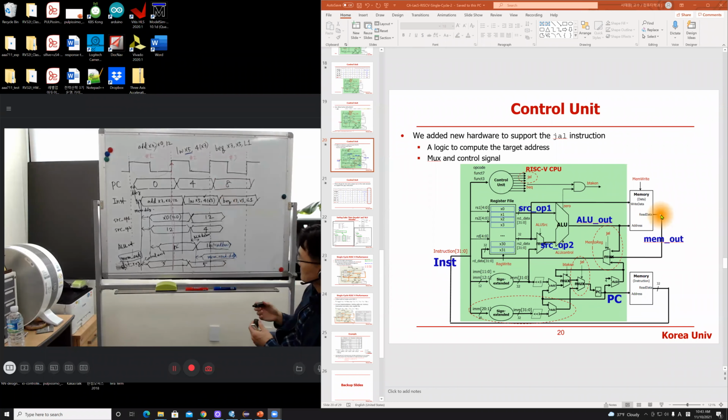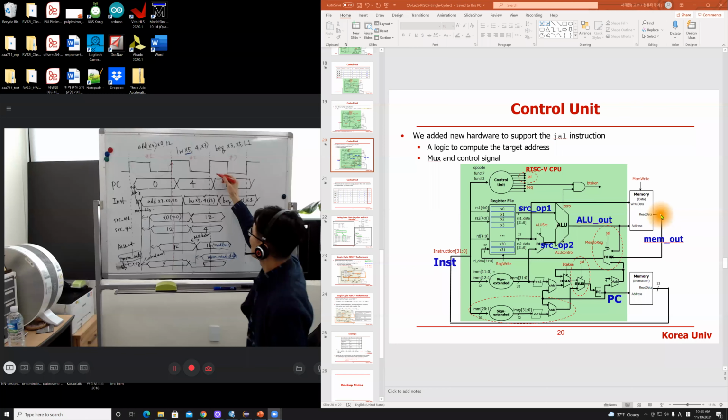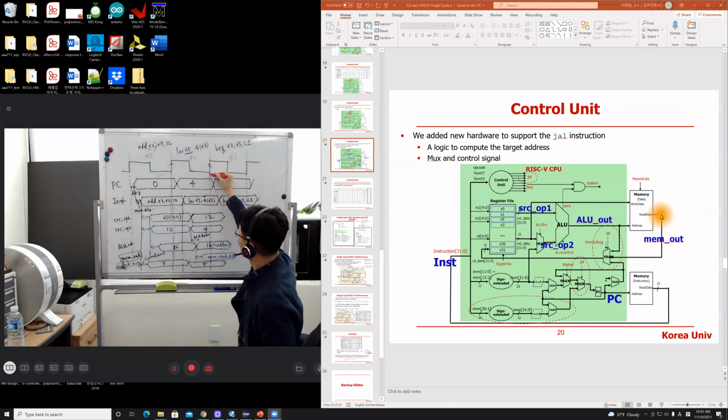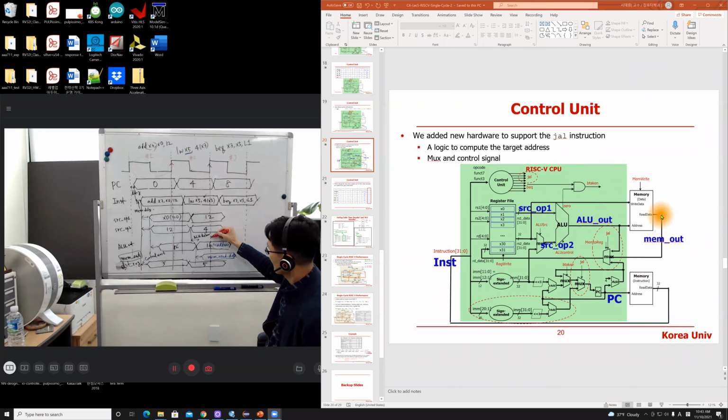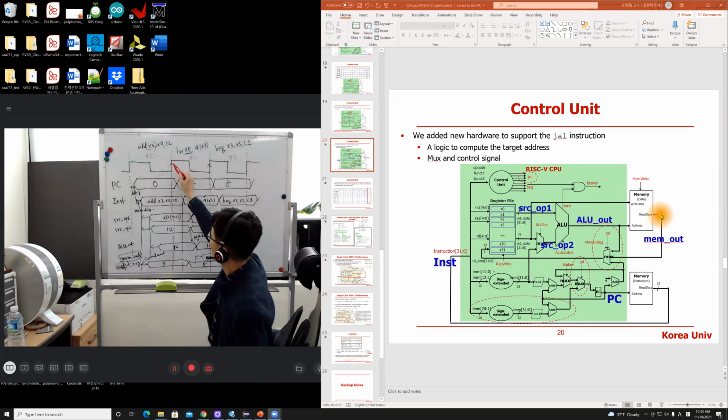Then the register file will update at the rising edge of this clock. That mem data will be written to location X5 register. So in a single cycle CPU, from instruction fetch to register file update, everything is done in one clock cycle.